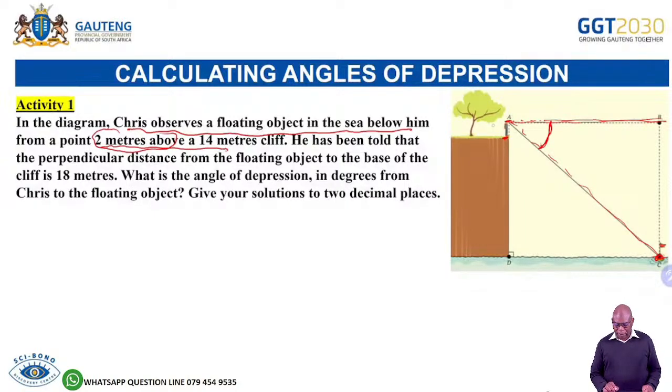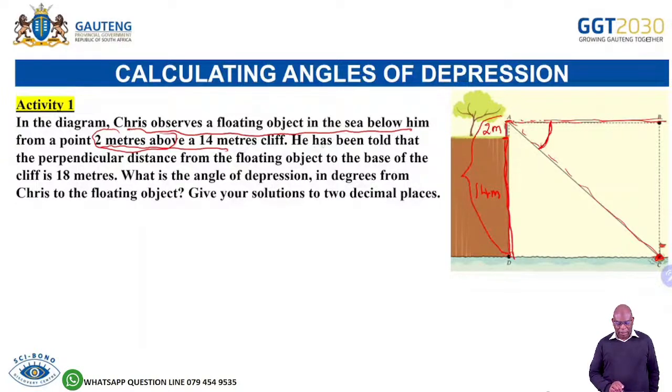So Chris is 2 meters tall, and the cliff there is 14 meters, which means this line here is going to be 16 meters. We need to take those values and put them on the sketch so that we can make sense of it.